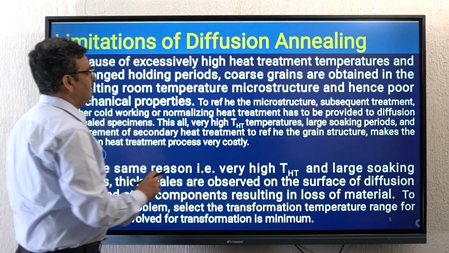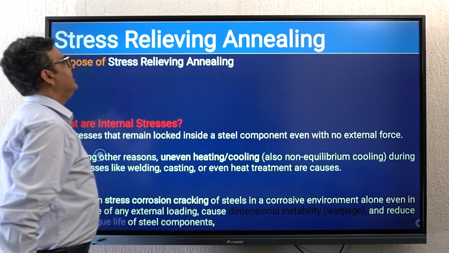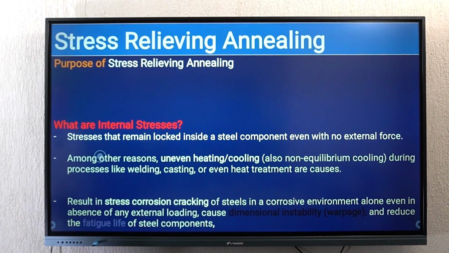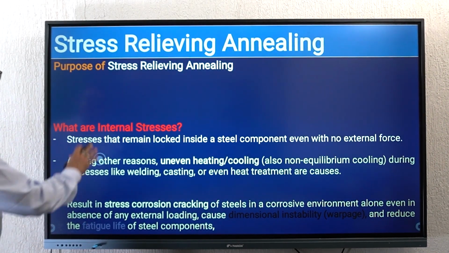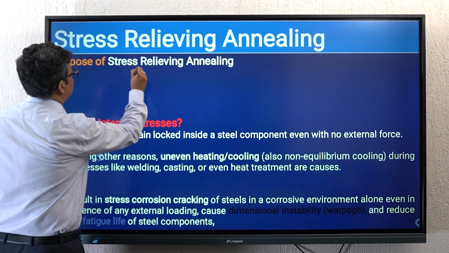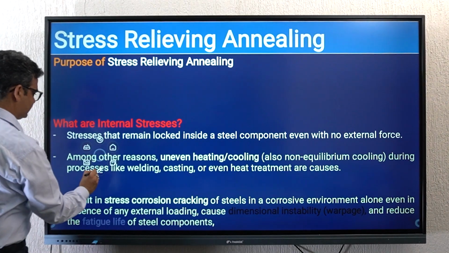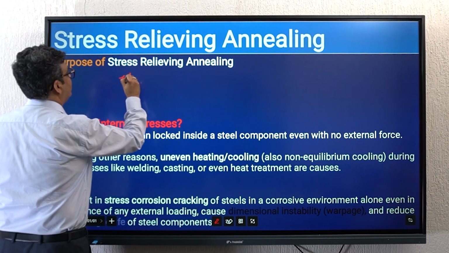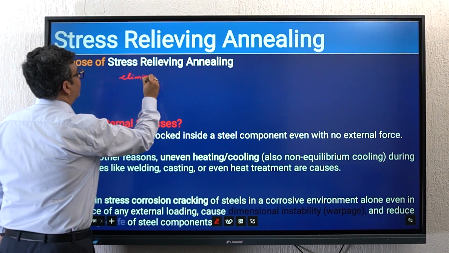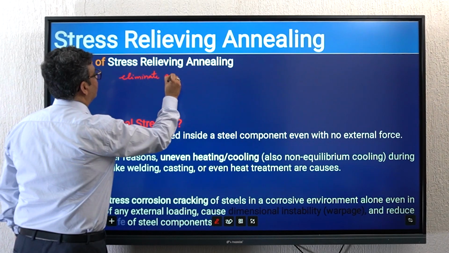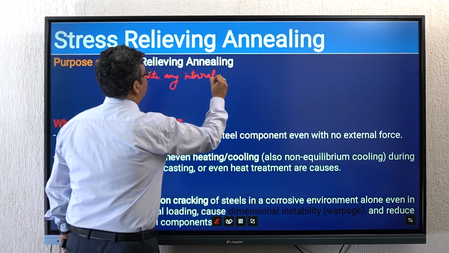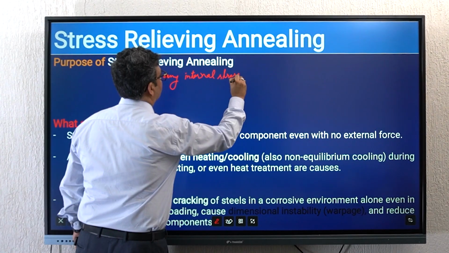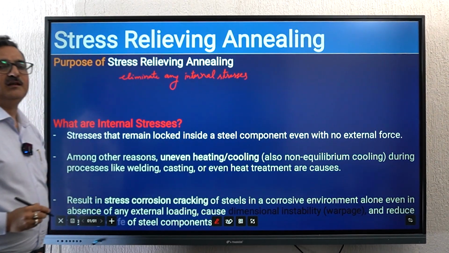Then we come to the last annealing process that we like to discuss in the class, stress relieving annealing. What is the purpose? As the name indicates, the purpose of this heat treatment is to eliminate any internal stresses present in the steel.